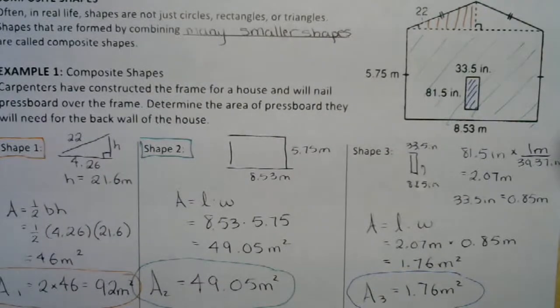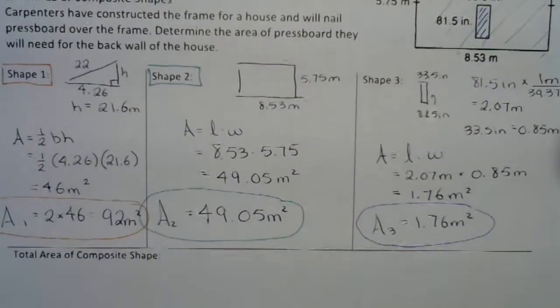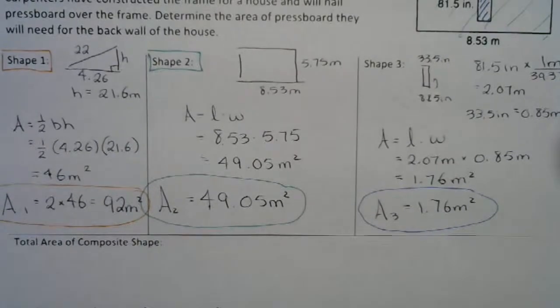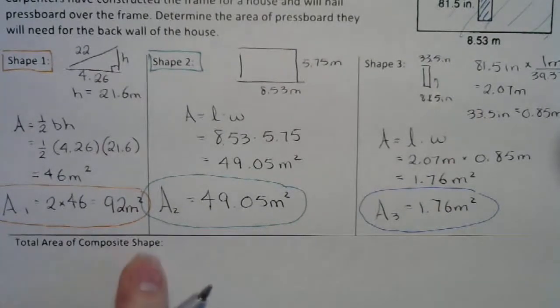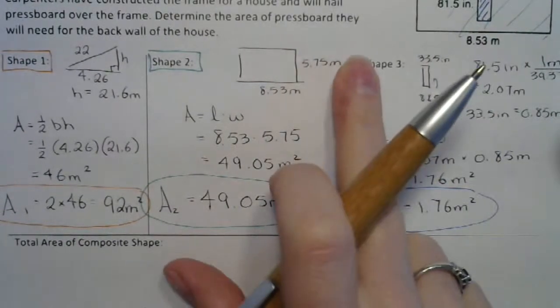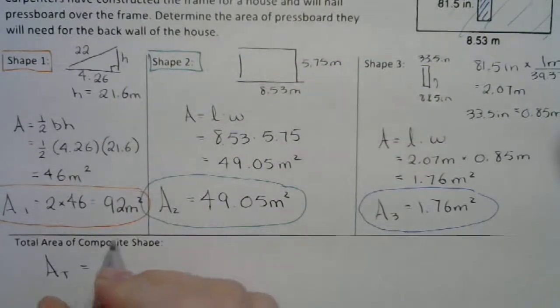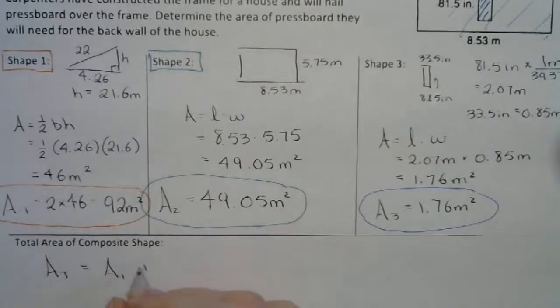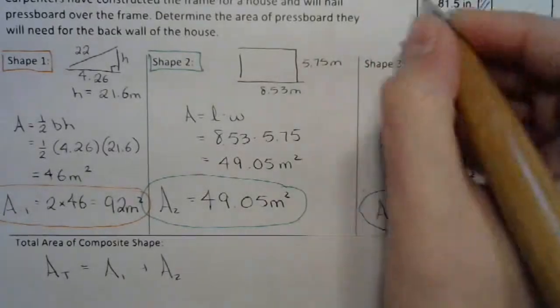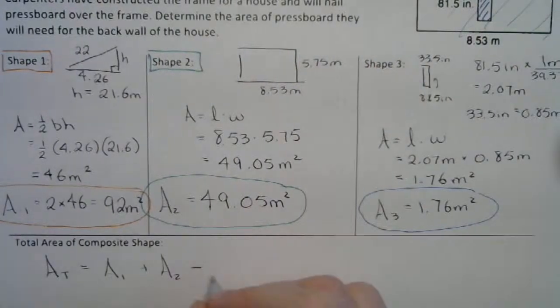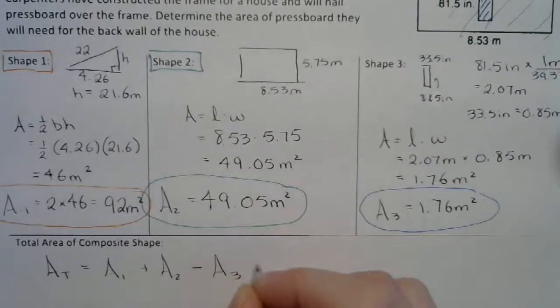Okay. So now we've got all of our individual areas calculated, similar to the way we did when we found surface area before. Now, what we want to do is determine the total area of this composite shape for the pressboard material that we would need. So my area total would be, we want area 1, and we want the total area for 2, but we don't want the area of the door. Okay?